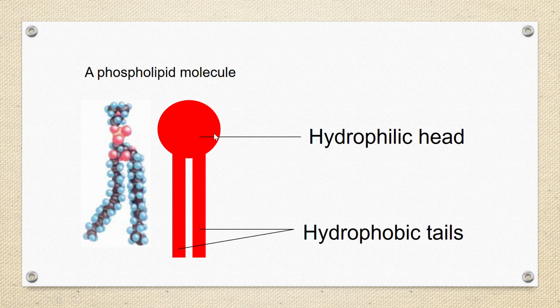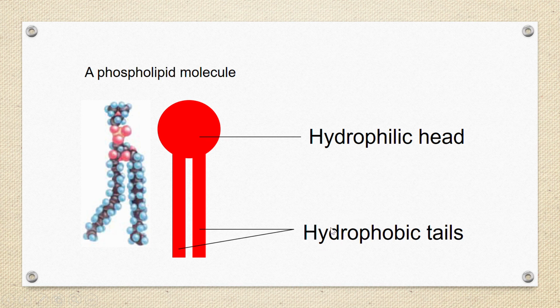There's a head and also two tails over here. The head likes water. Hydro refers to water. So that means the head likes water, so it is attracted to water. The tails are phobic, phobia, they dislike water.